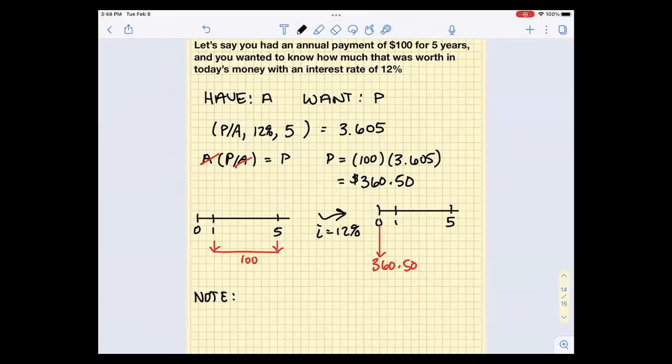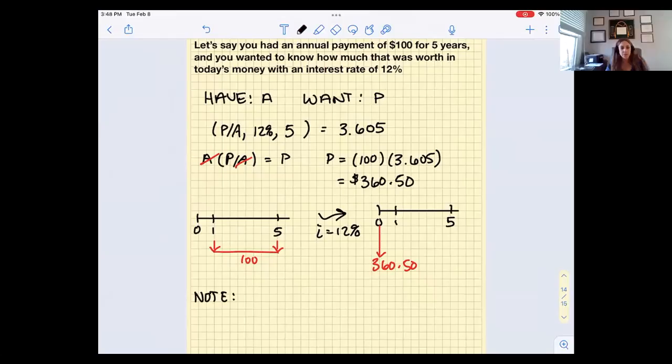It's never actually worth 500, because each year there's 12% interest, so it's never just going to be 100 times 5.